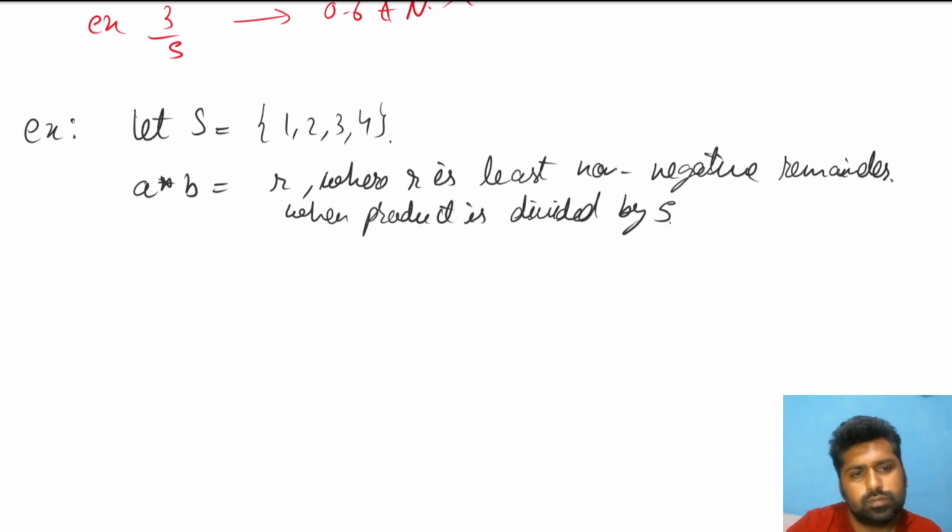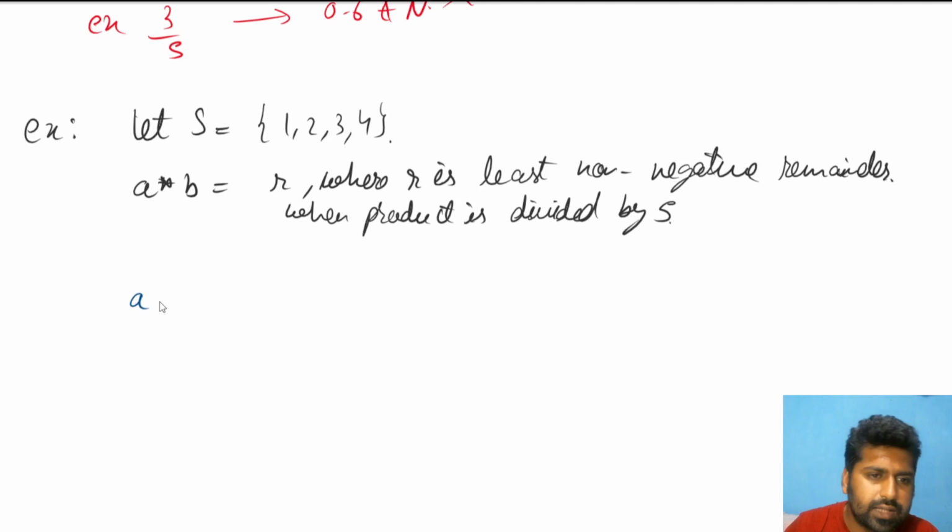Now if we take any two numbers and multiply them, it will result in anything. I'm not worried about that. The point is, if you divide anything by 5, of course the remainder will be less than 5. You cannot have remainder as even 5.